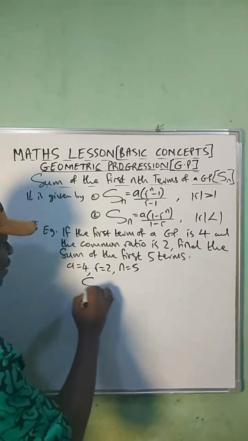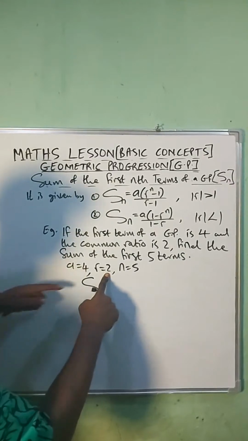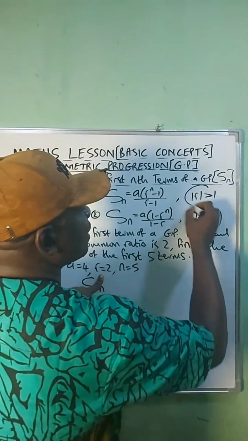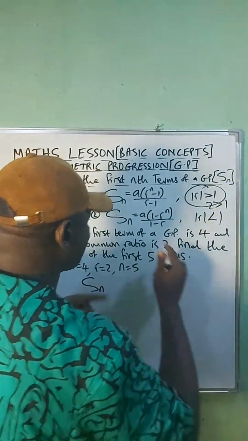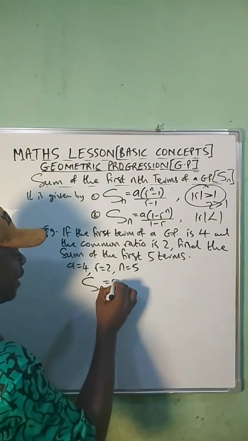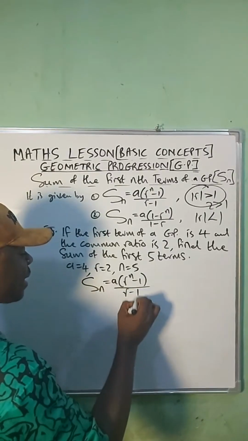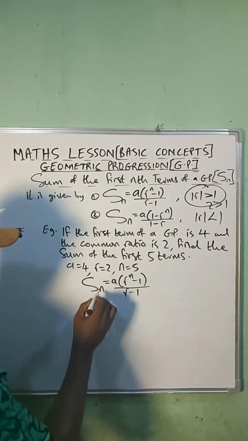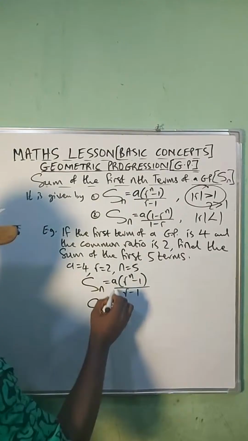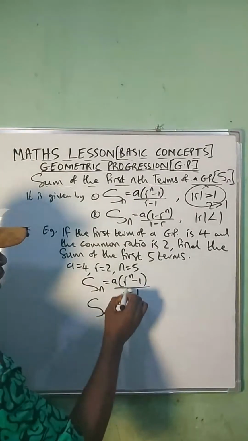So in that case, since the common ratio is 2, which is greater than 1, we'll use that first formula. So here will be a into r to the power n minus 1, all over r minus 1. n is 5, a is 4, r is 2.